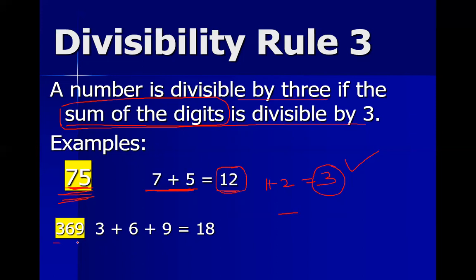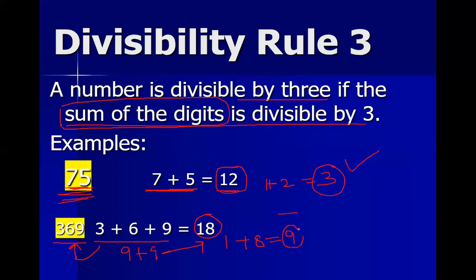Let's take one more example, 369. I am adding all the digits of this number: 3 plus 6 plus 9. You know that 3 plus 6 is 9, and 9 plus 9 is 18. So I got 18. Now I apply the divisibility rule one more time: 1 plus 8, which is 9.